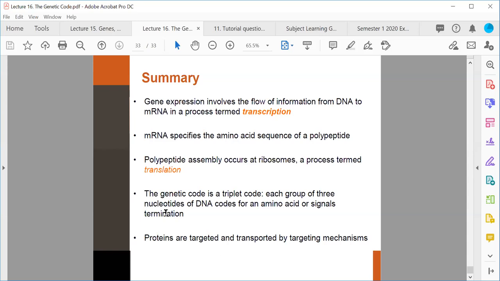Each group of 3 nucleotides codes for an amino acid or signals termination of the amino acid chain. And proteins, of course, are targeted and transported within the cell by targeting mechanisms. And that completes our lectures for tonight.